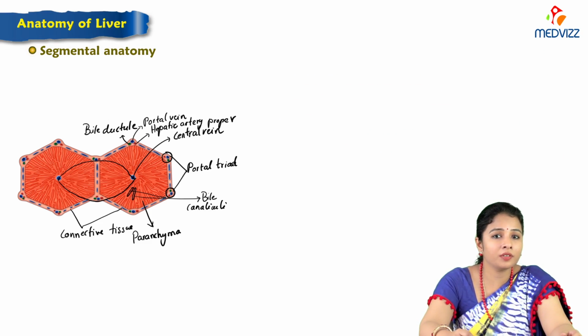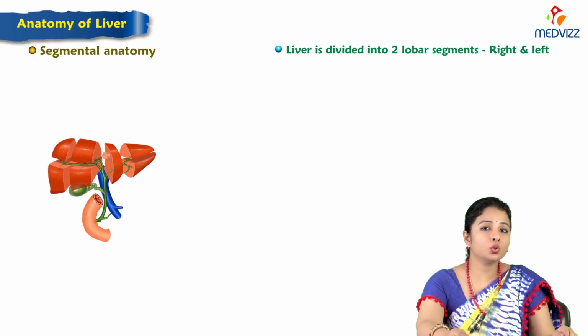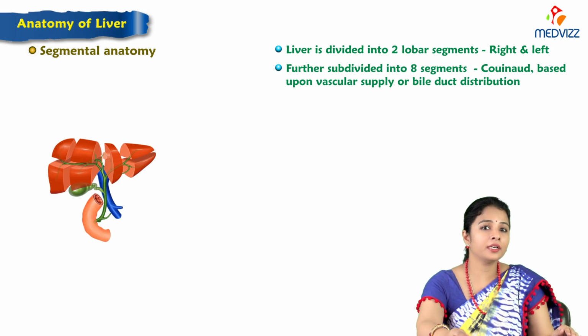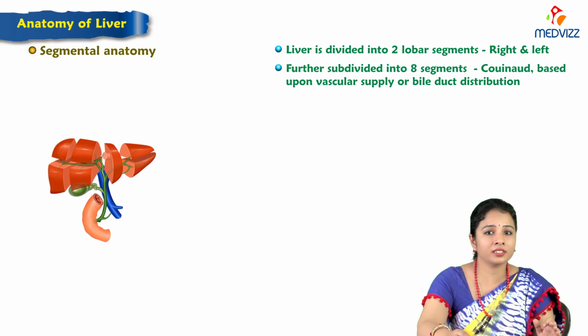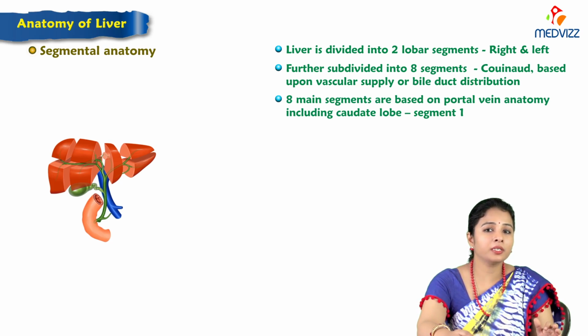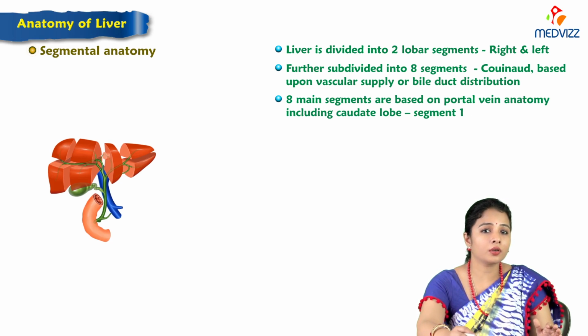Segmental anatomy of the liver: the liver is divided into two lobar segments, right and left, which are further subdivided into 8 segments, called Couinaud segments, based upon vascular supply and bile duct distribution. Numerous anatomical classifications are available for liver resection. The 8 main segments are based upon the portal vein anatomy, including the caudate lobe, which is considered segment 1.